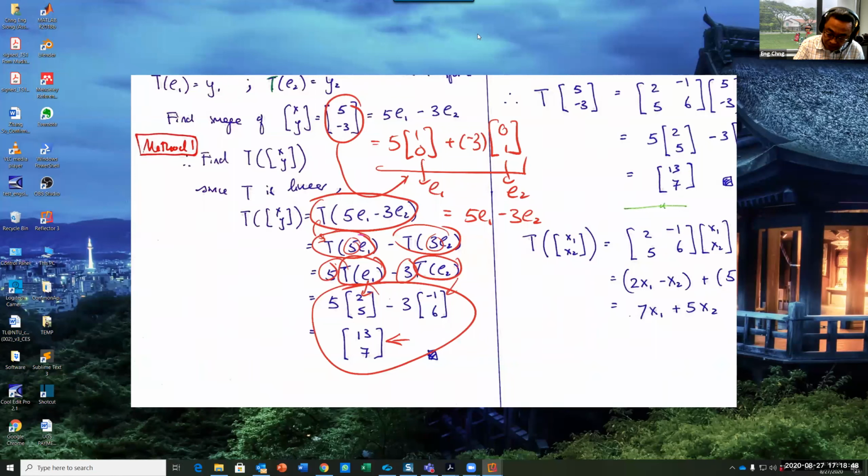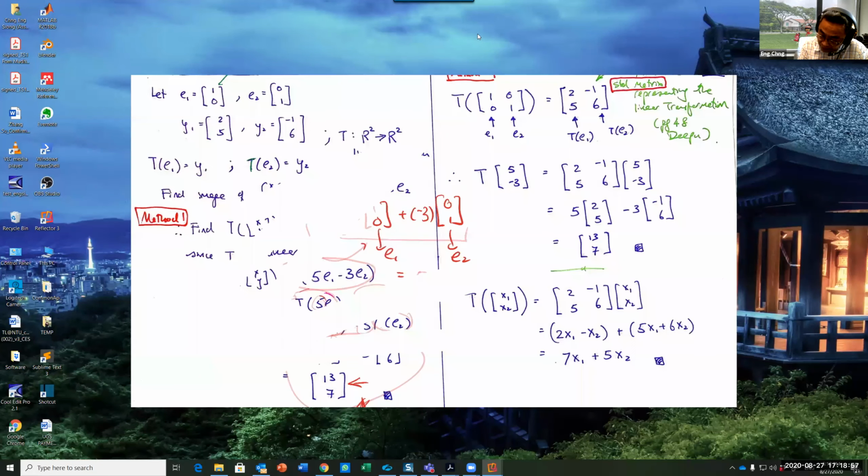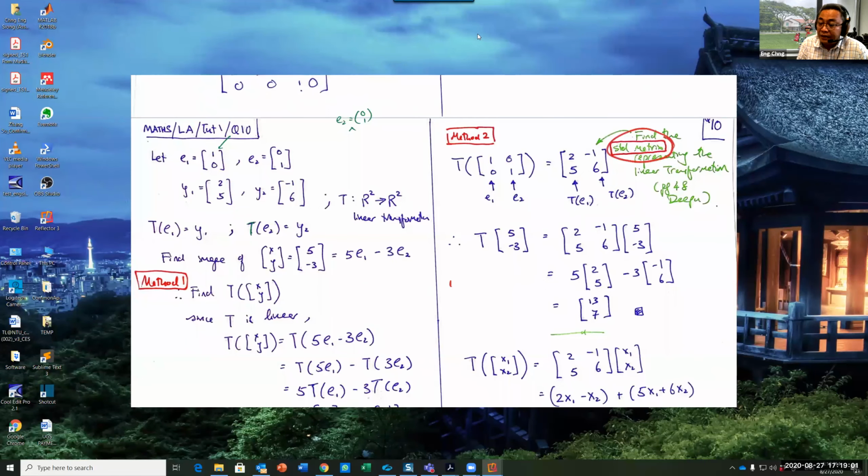All right. How about the other one? There are many ways to do it. In your lecture notes, it says, let's find the standard matrix representing the linear transformation. What's the standard matrix? This guy. Putting together the standard basis, which is 1 followed by all 0, 0 followed by 1, and so on and so forth. That means each column has only a 1 at the respective place.